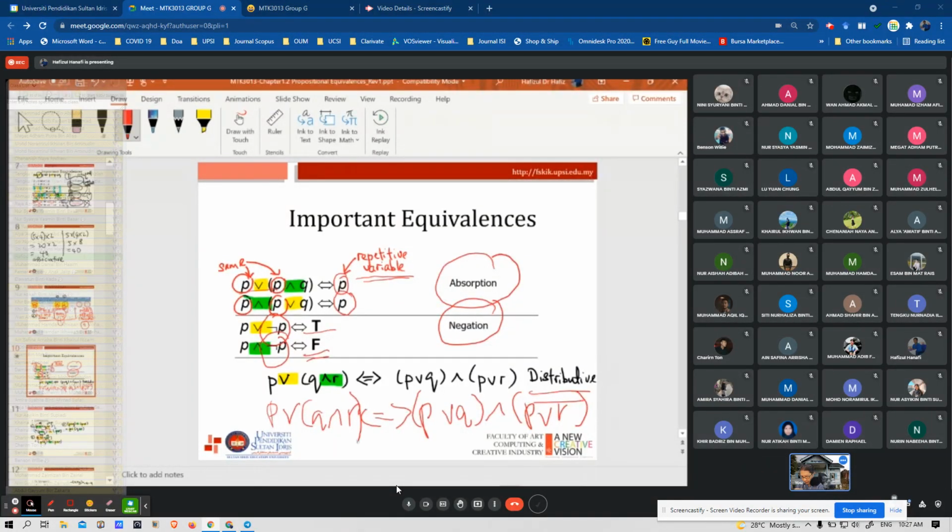Because we open up the bracket, we put P and Q, and then we put P here. Okay, this one is distributive. Distributive means the output must be the same.